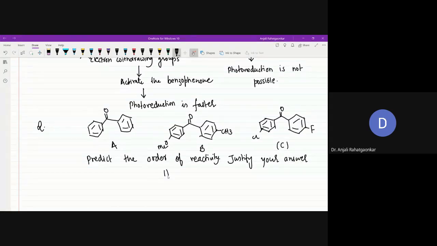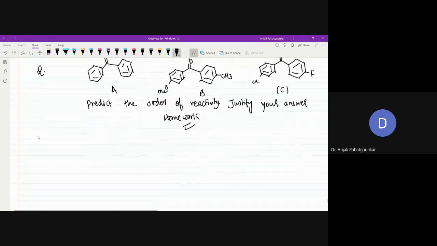So this is homework. Okay, this is homework. Now another important point: one more important species we need to discuss over here.